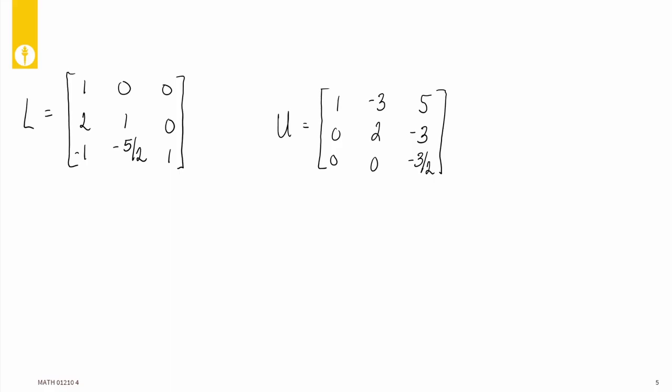Those are not the only two triangular matrices where A would equal L times U. This is just the easiest. This is typically the starting method, and once you get more comfortable with it, you get introduced to more complicated methods. Chances are, if you have your calculator find LU for you, you probably won't get this. You'll probably get something else.